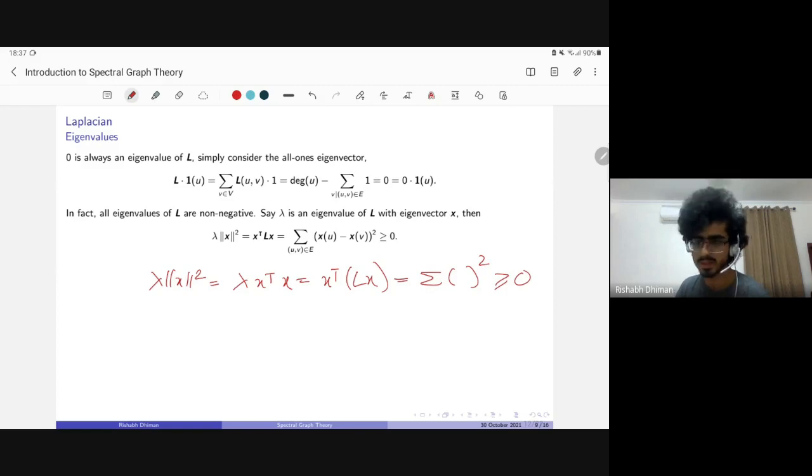So if you have some eigenvector x, the associated eigenvalue will be non-negative. What that really means is that 0 is the smallest eigenvalue.